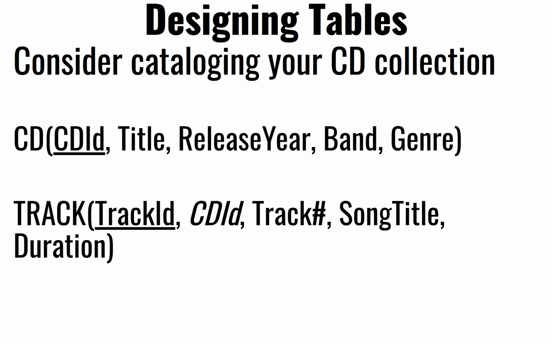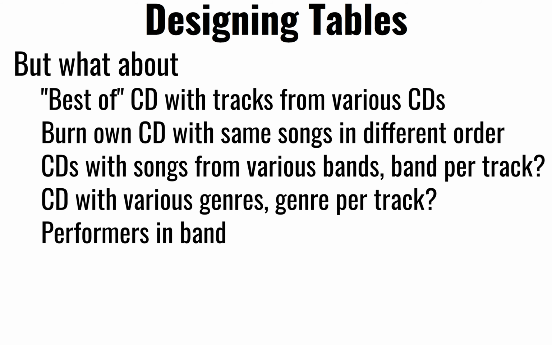Okay, and I start going through my CDs, and the database is perfect. My first take on this works with most of the CDs that I've gone through. But when I get all the way to my 30th CD, I find one that says, "Oh no, this one is a compilation of the best of my favorite bands."